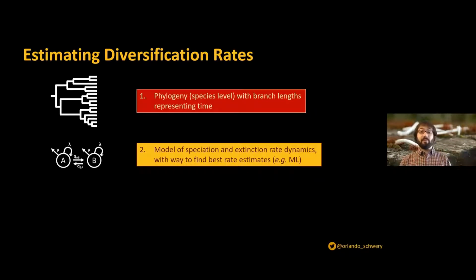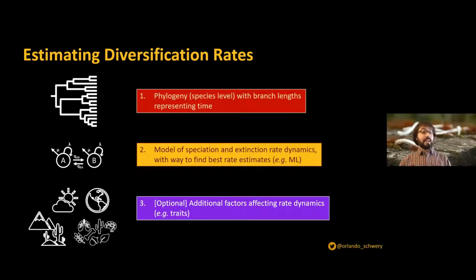For example, maximum likelihood, or there's Bayesian approaches. And then depending on what model we're using, we might also incorporate other data that we think might have influenced those rates. That can be things like geography or traits of the organisms or habitat or other ecosystem related things.